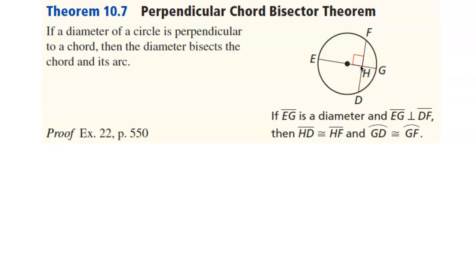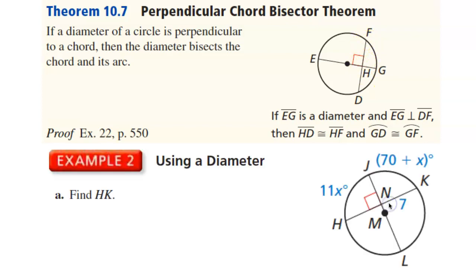You get congruent arcs here and here, and congruent segments from DH and FH. So here would be an example of that. You have a diameter here. I know because it goes to the center point. It's perpendicular to this chord right here. So what two things happen? This chord HK gets cut in half, and this arc right here also gets cut in half.